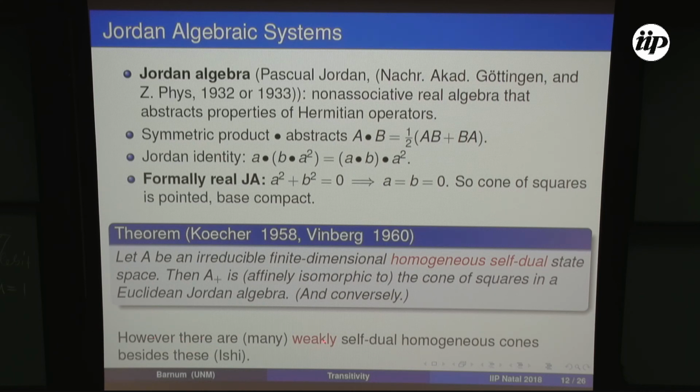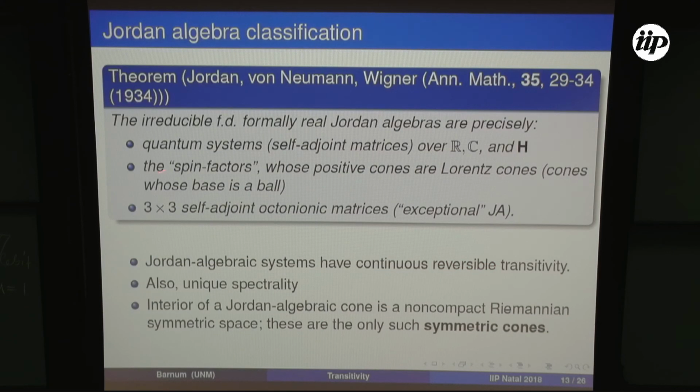Now, I just want to note, there are many weakly self-dual homogeneous cones. Ishi, I think, gave the first example in maybe the 90s or the early 2000s. And there aren't very many of these homogeneous self-dual cones. You're quite close to quantum theory when you have them.